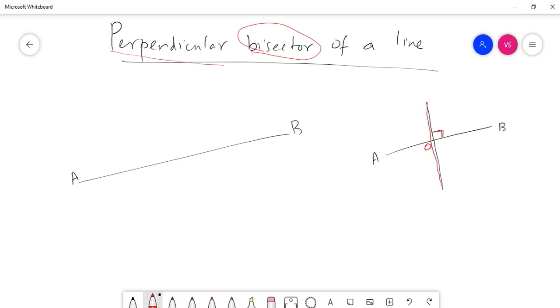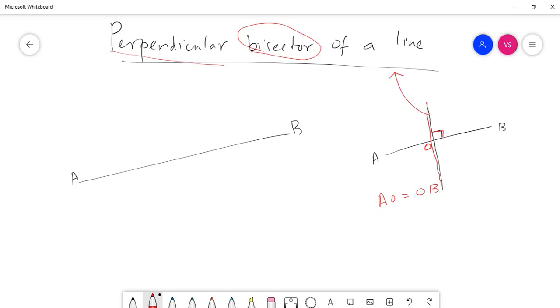Also, if you have a point O here, then AO will be equal to OB. So that means this red line, which is perpendicular to this line AB, will divide this AB into two exactly equal parts. That's the meaning of perpendicular bisector of a line. So this line is called perpendicular bisector for the line AB.